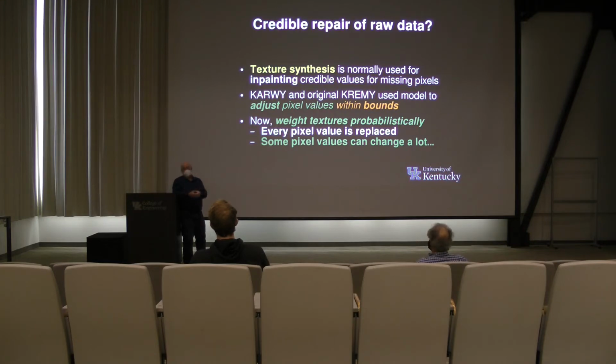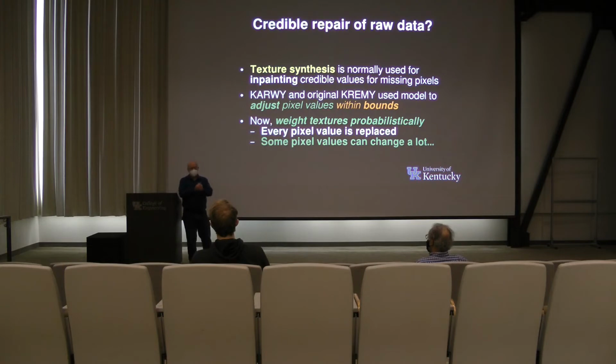But if we actually just use the probabilities directly, we get some very good effects. Basically, it gives us a weighting within that range, and it allows us to have, occasionally, pixels that change their value in very dramatic ways. So that's what we're doing now. We weight the texture matches probabilistically, and every single pixel is individually replaced.